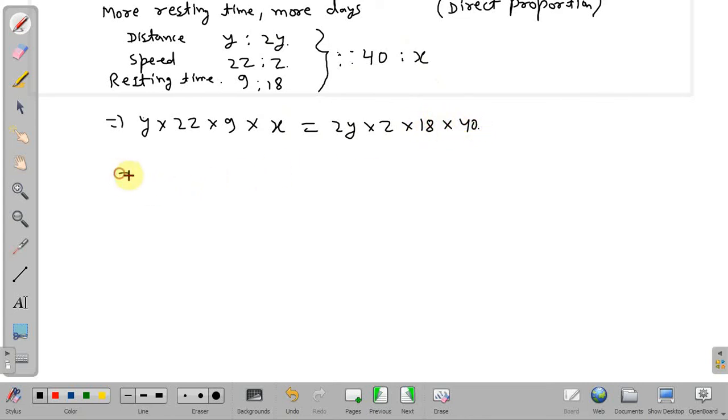From this we can calculate x. So 9 into 2 is 18, 18 will be cancelled out, y will be cancelled out and z will be cancelled out. So x is equal to 2 into 40, that is 80. So the required number of days is 80.